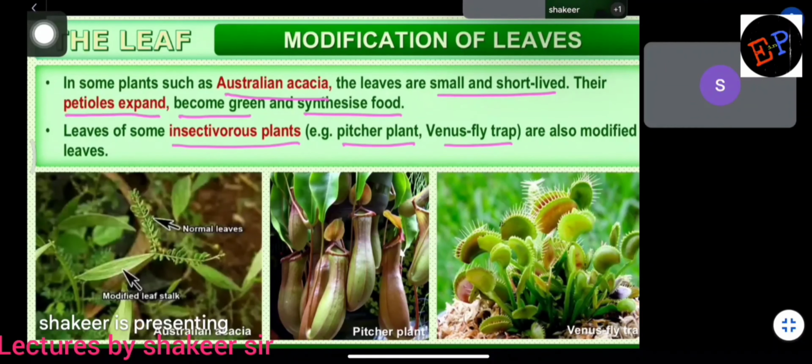These traps you are finding here are basically leaves only, modified to catch prey. When an insect goes into them, they close their leaves. So this is called a pitcher plant, and this is called a Venus flytrap.